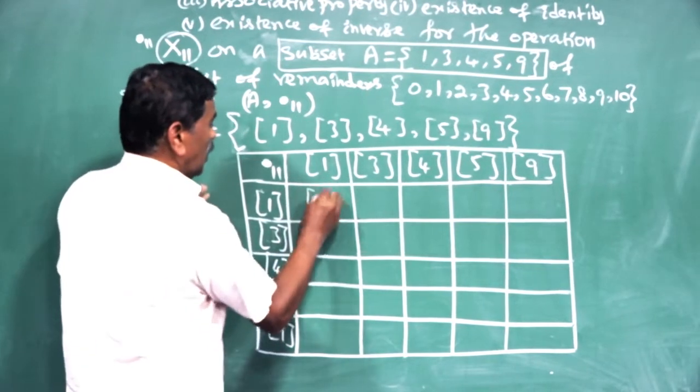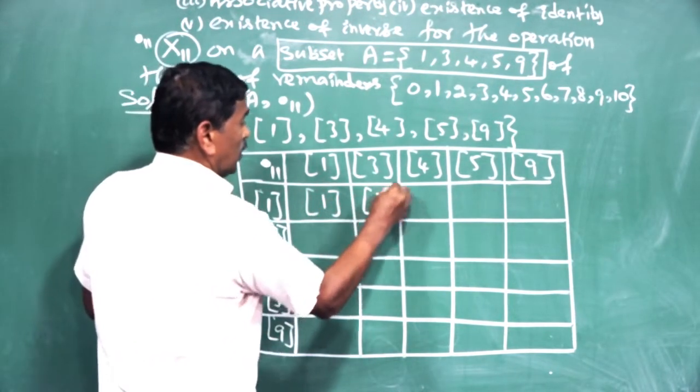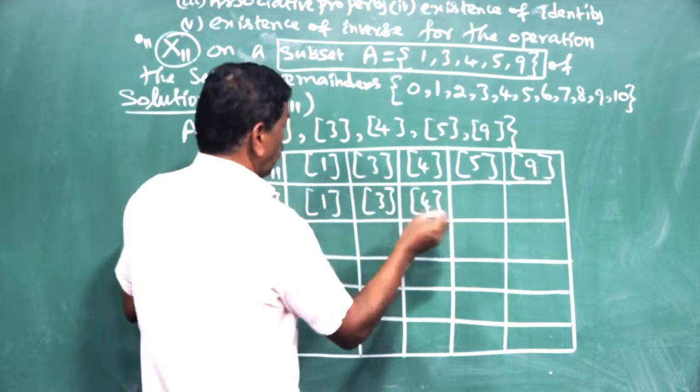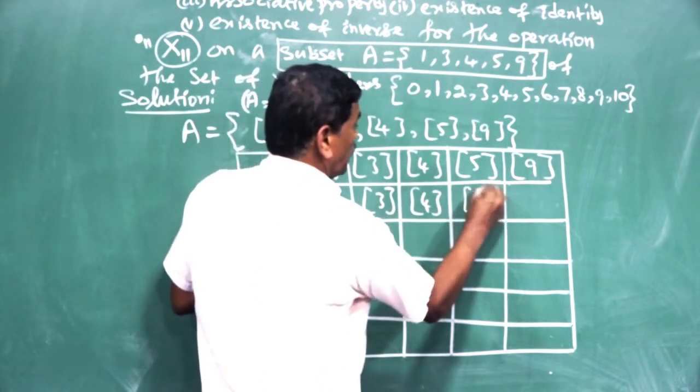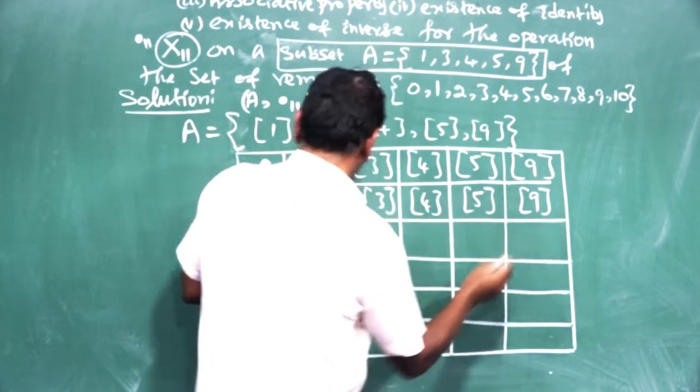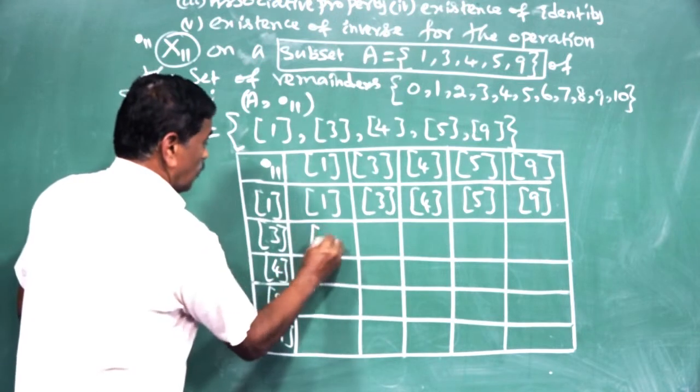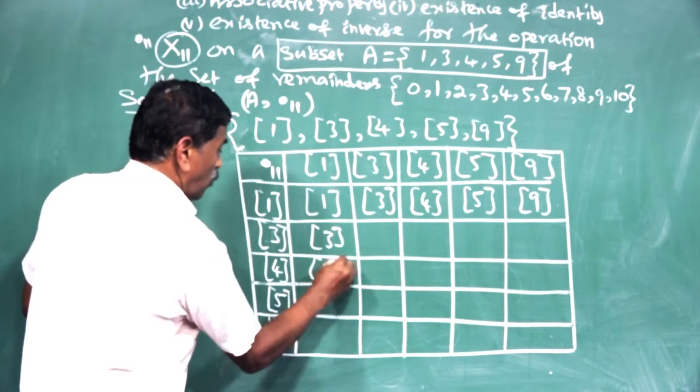Start. If in doubt, verify. Here 1, 3, 4, 5, 9 is the first row, and the first column is 1, 3, 4, 5.